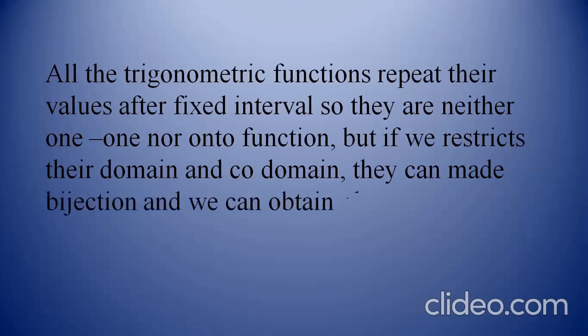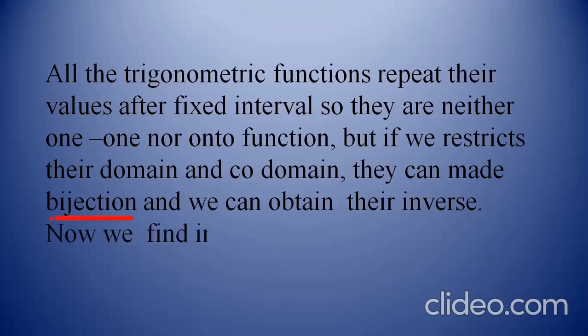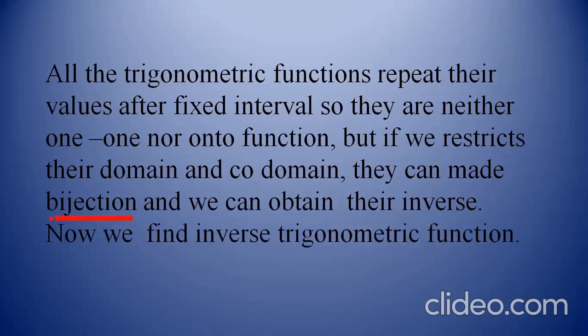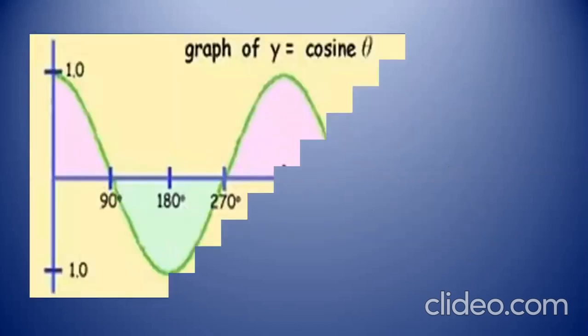So that's why it is known as a bijective function. If it is one-one and onto, its inverse exists and we can obtain it. Now we find the inverse of the other trigonometric functions. So look at this graph.